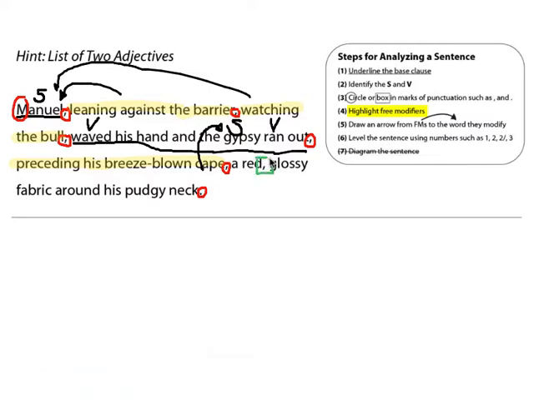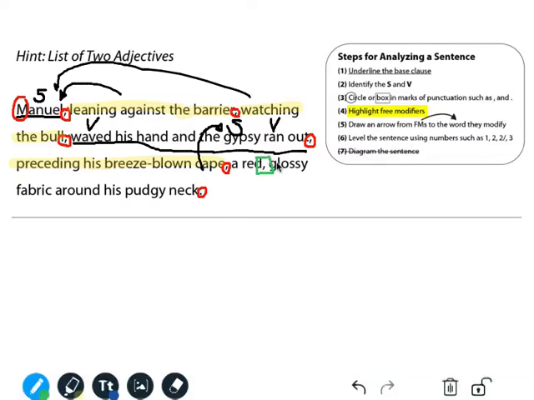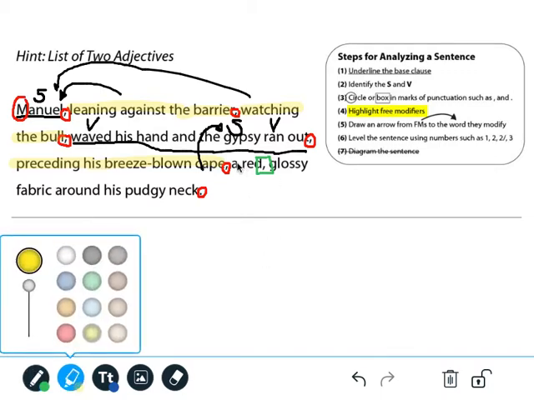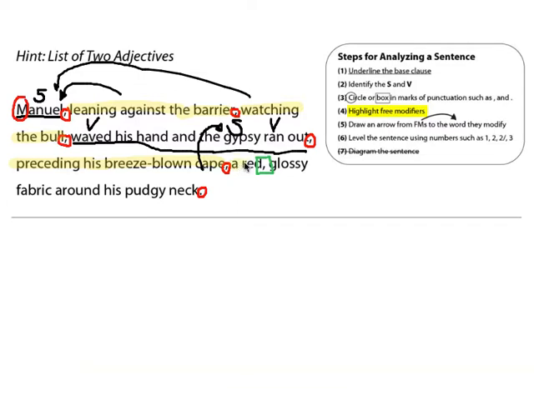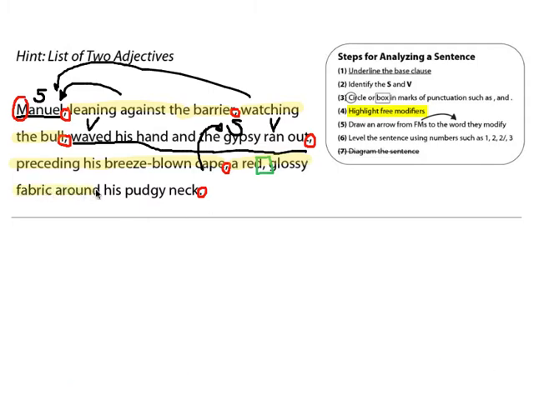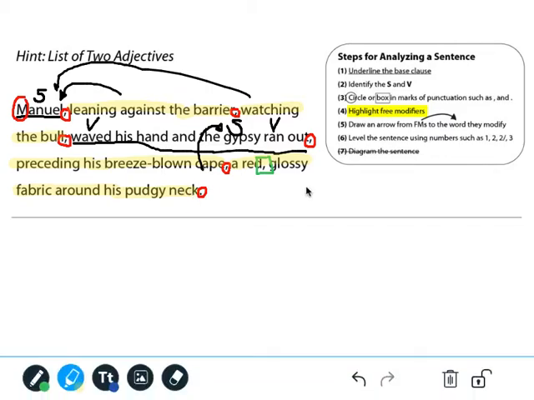It's part of a list. Red and glossy are adjectives that modify the fabric. We've got a short 2-item list separated by a listy comma that modifies fabric. And then what ends up happening, while we try not to highlight other marks of punctuation, is this green mark of punctuation that gets boxed in is also going to get highlighted as part of the free modifier.